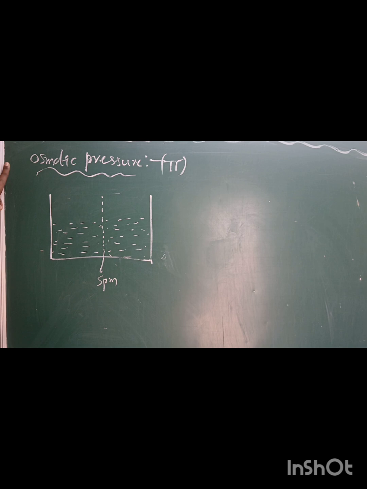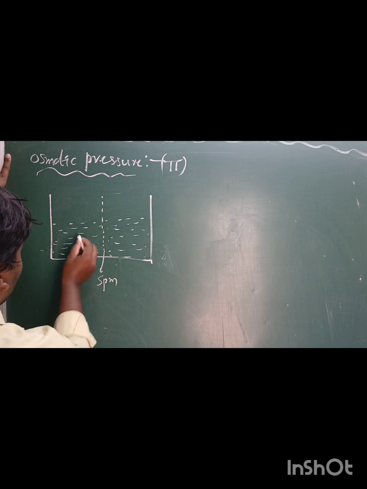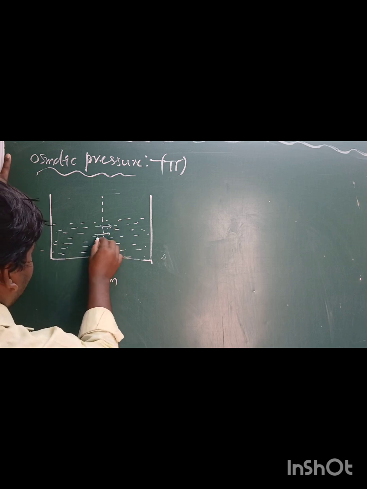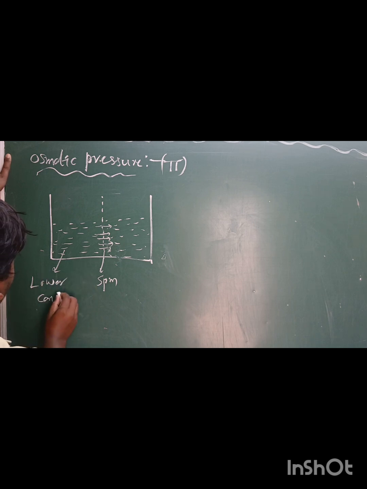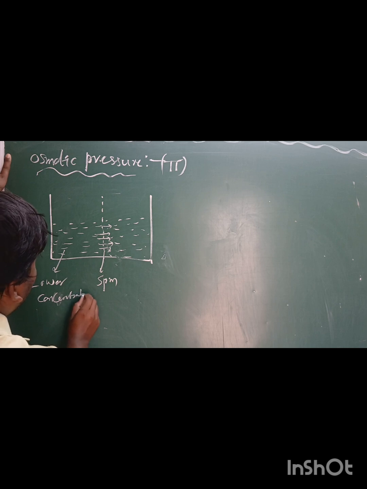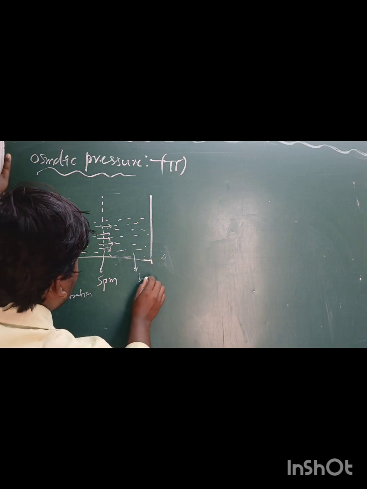The flow of solvent molecule from pure solvent or from solution of lower concentration into higher concentration through semi-permeable membrane. Means these molecules are always moving from lesser concentration to higher. This is the lower concentration of the solution. Here is the higher concentration of the solution.